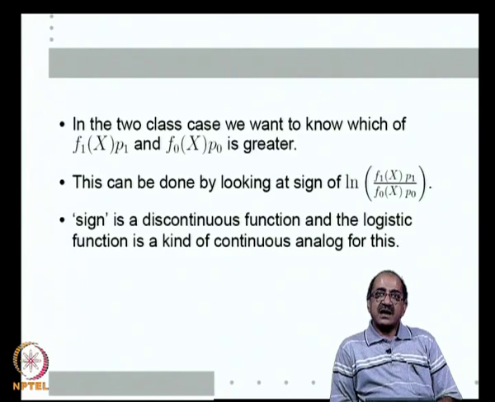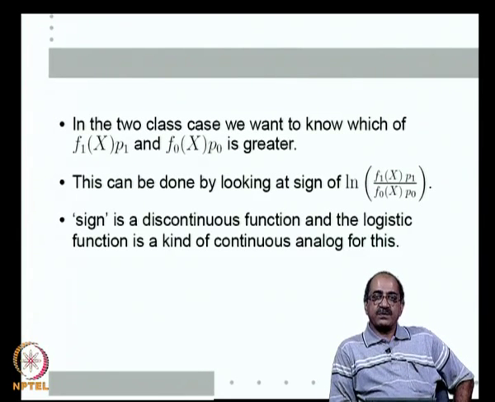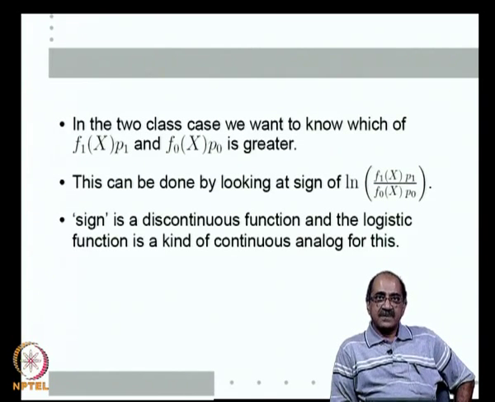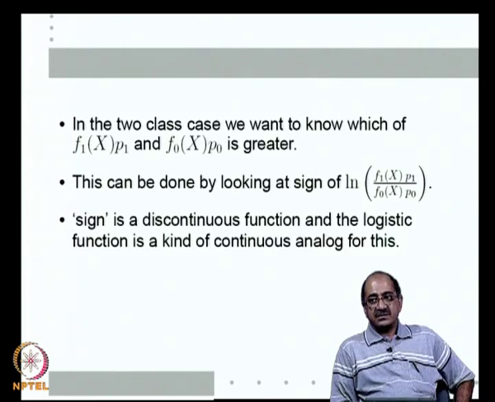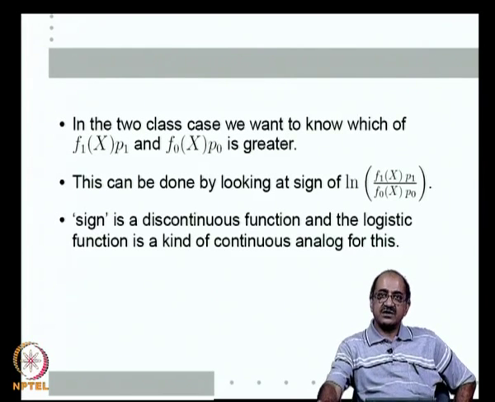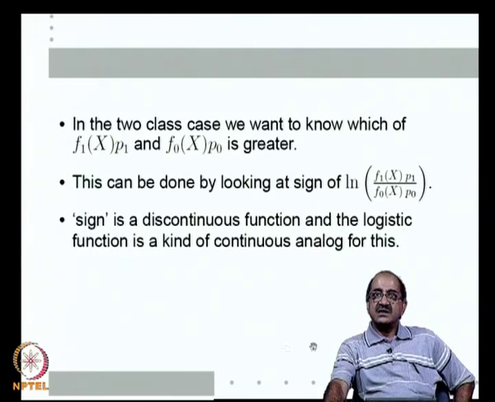So, if I can approximate ln of f1 p1 by f0 p0 by a linear function, now I want the sign of this. That would mean I have to learn a discontinuous function, which I would not like to do. I am essentially squishing it using the logistic function. So, the logistic function is a kind of continuous analog for finding the sign of this.